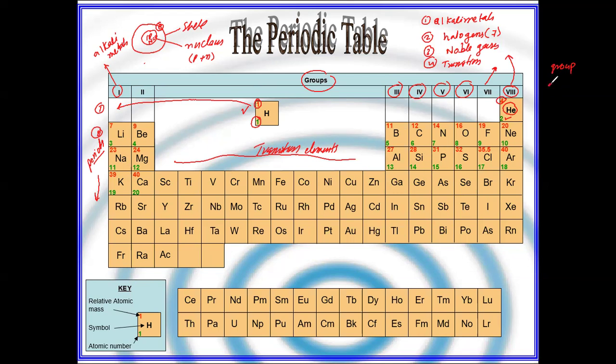When we say group number, that means the number of electrons in the outer shell.